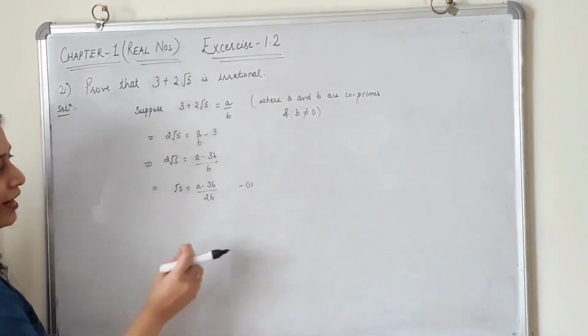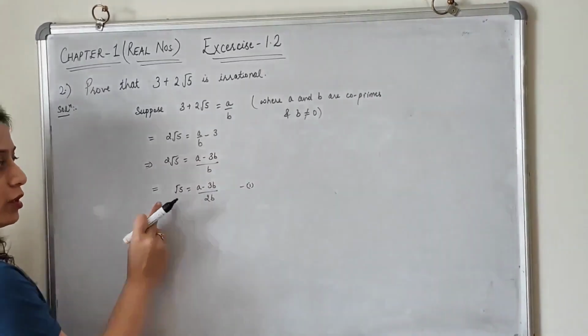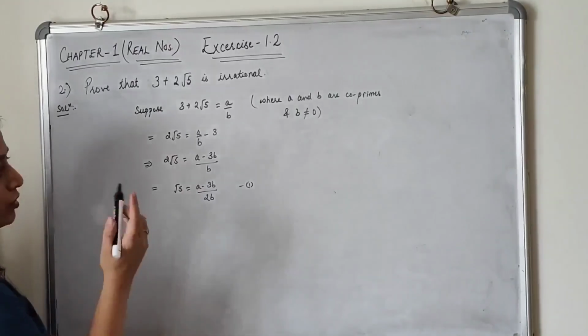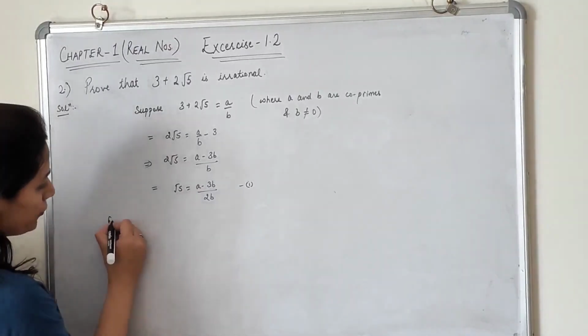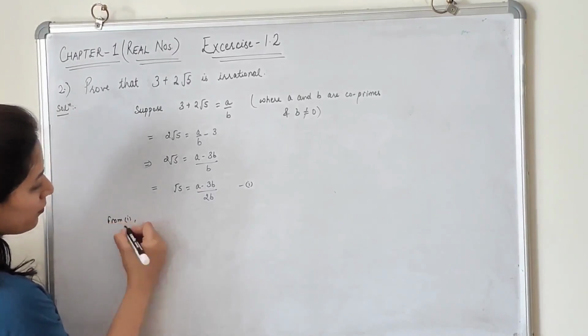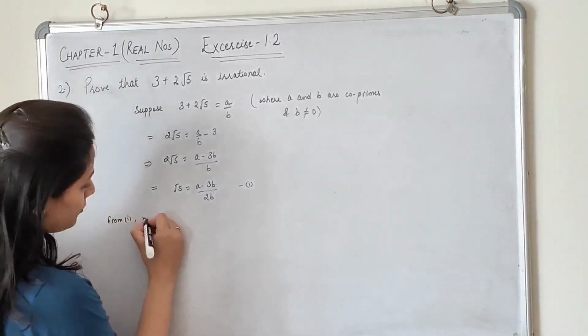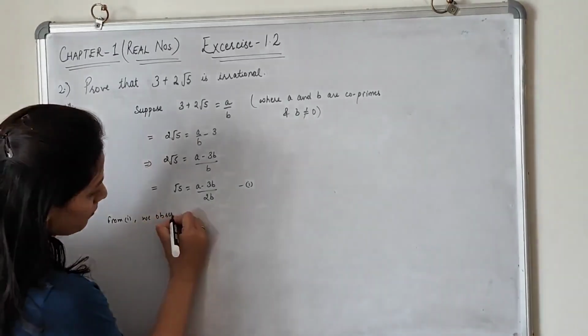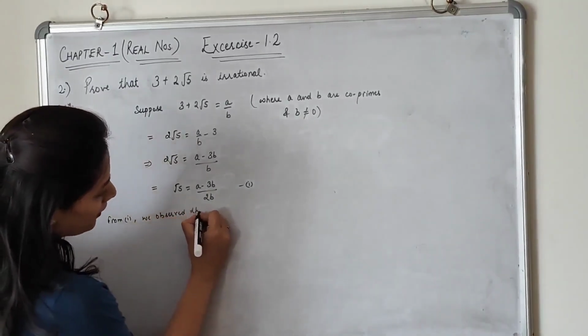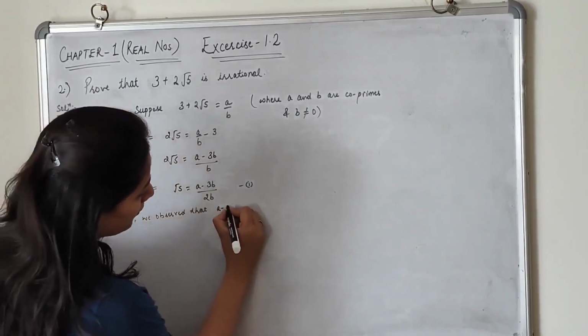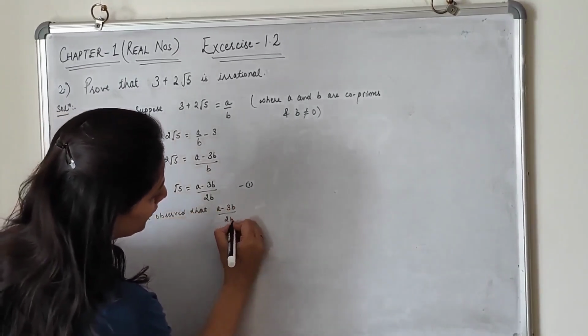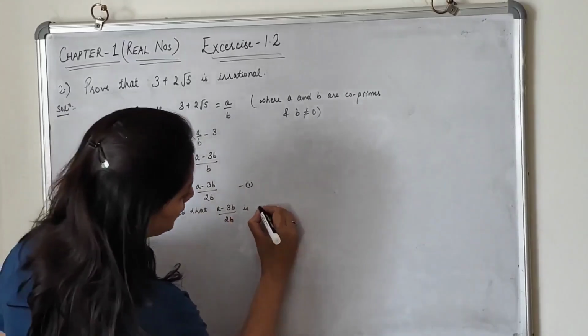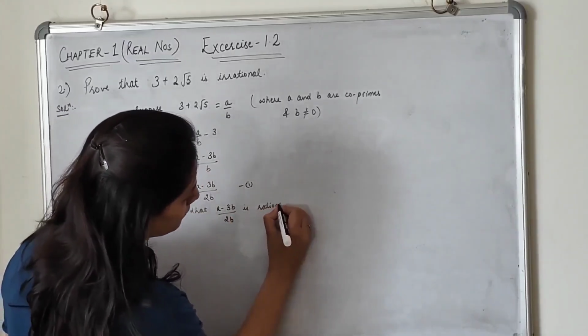A minus 3B upon 2B is a rational number. Therefore, root 5 is also a rational number.